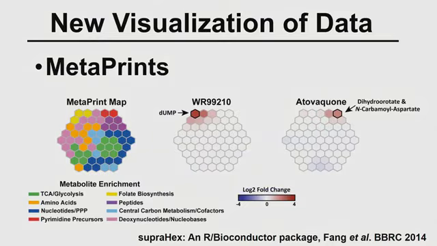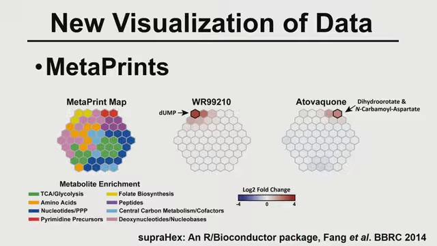The way we are trying to visualize these data is using what we are terming metaprints. They're based on this R Bioconductor package called supraHex that was published not too long ago. What's nice about this form is it's a heat map, but it's condensed into these hexagons, where each hexagon actually represents different aspects of metabolism in your data set.